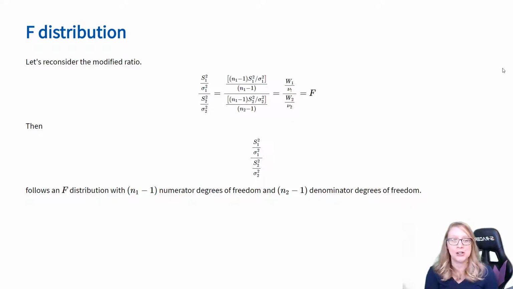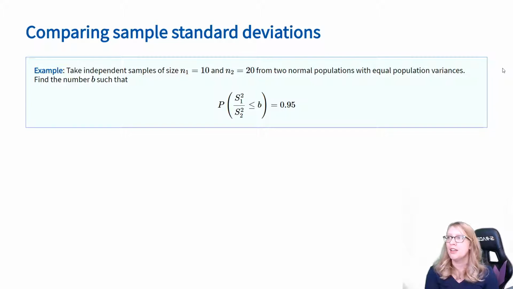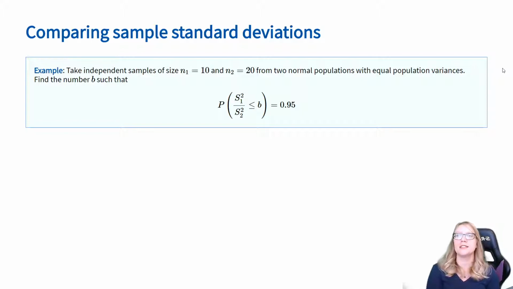So these are equivalent. So let's consider the case where we're taking independent samples of size n1 equals 10 from one distribution, n2 equals 20 from another distribution. We're assuming that they're two normal populations with equal population variances.